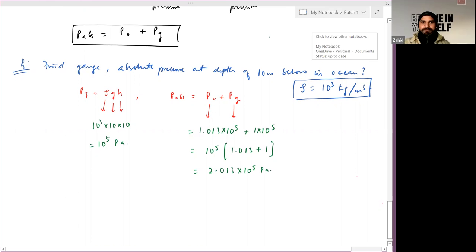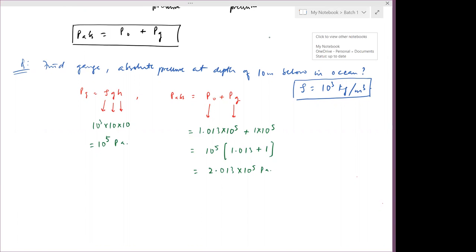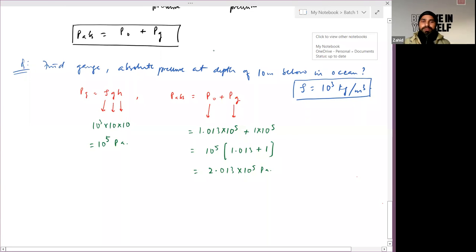Is everything clear? Hamza? Yes, sir. Good. Just revise this entire part and do problems related to gauge pressure and absolute pressure. In the next class, I will define different applications of this pressure, and then we'll start Pascal's law. Okay.